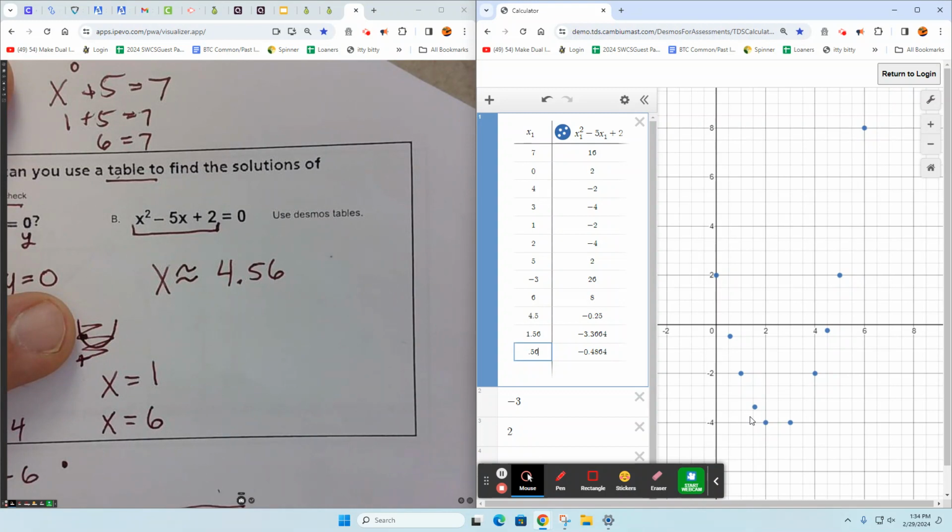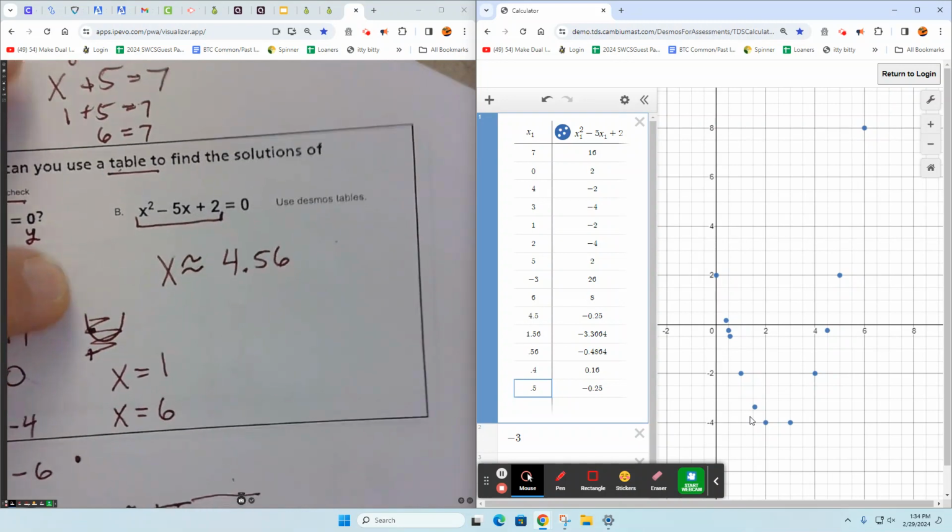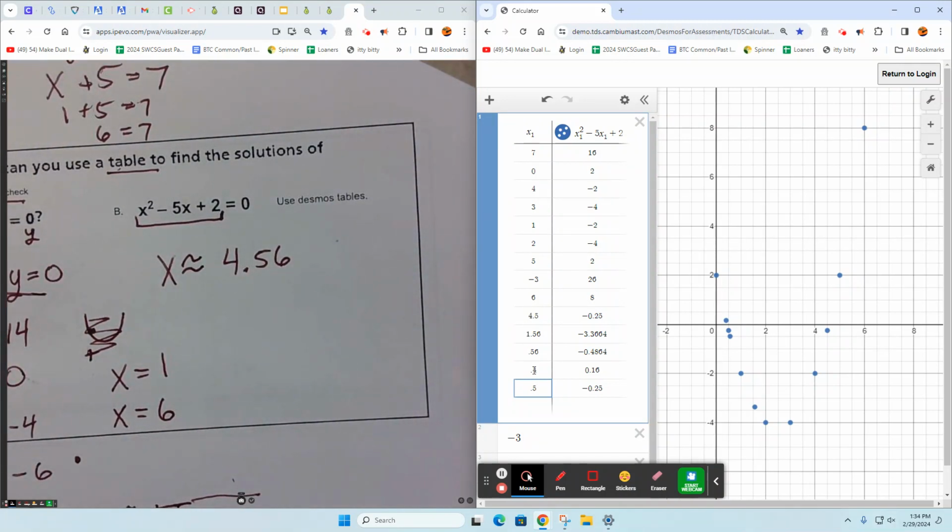We're getting farther away. 0.4. 0.35. 0.36. 0.5. I just did 0.45 and 0.5. One is below and one is above. So what is that number in between? 0.45. 0.46. We'll call that close enough.